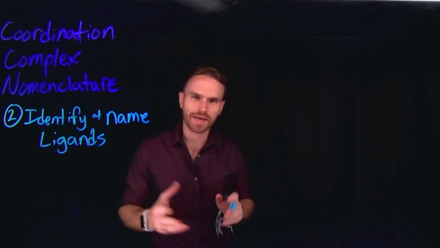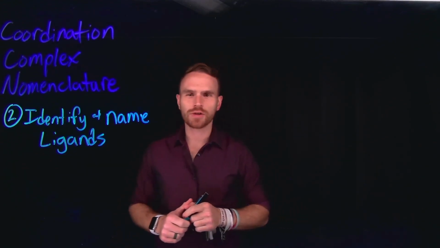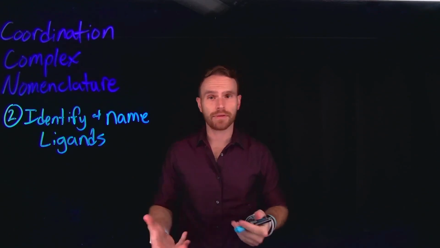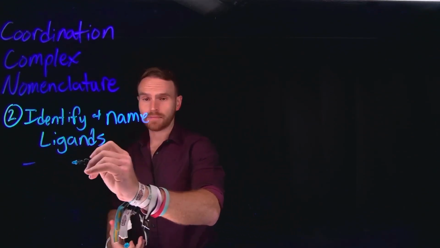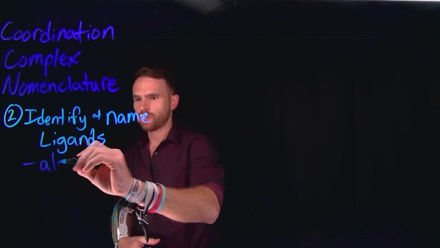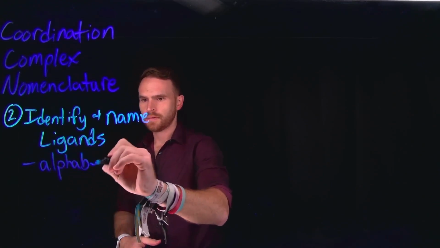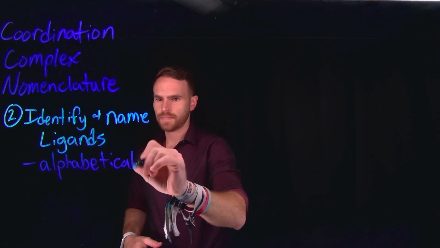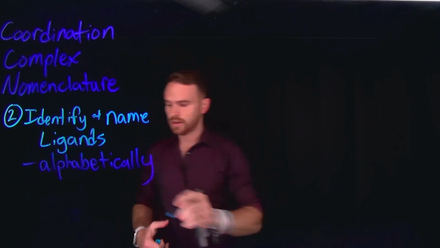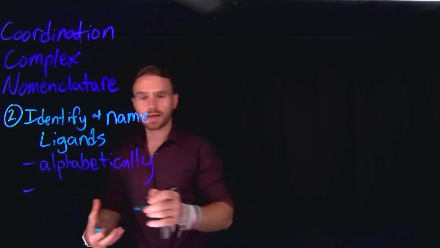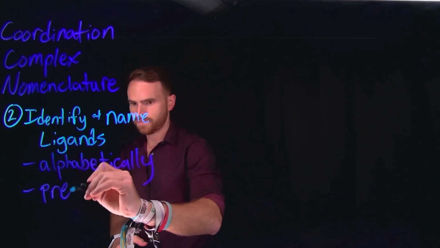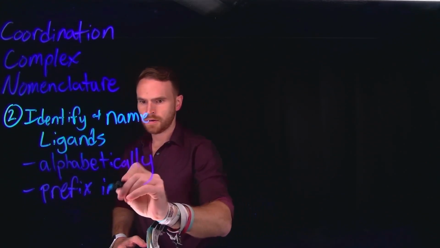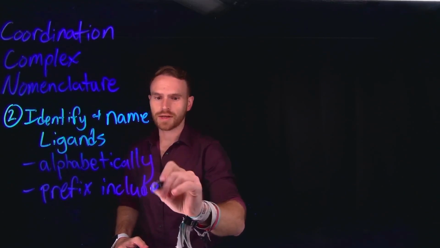The next step in naming coordination complexes is going to be to identify and name the ligands. Importantly, you should always write the names of the ligands in alphabetical order. Additionally, if the ligand has a Greek prefix, you need to include it.